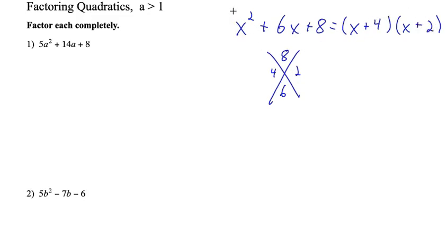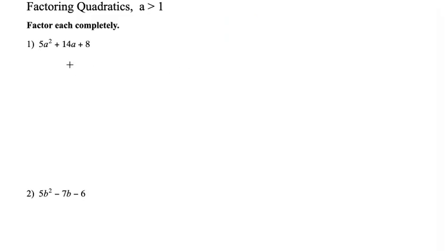Now that was how we can factor quadratic expressions when a equals 1. But in these examples, a is greater than 1, and this method doesn't quite work. Okay, we can think of it the same way. We're still going to try to break it down into two binomials that multiply to make 5a squared plus 14a plus 8.